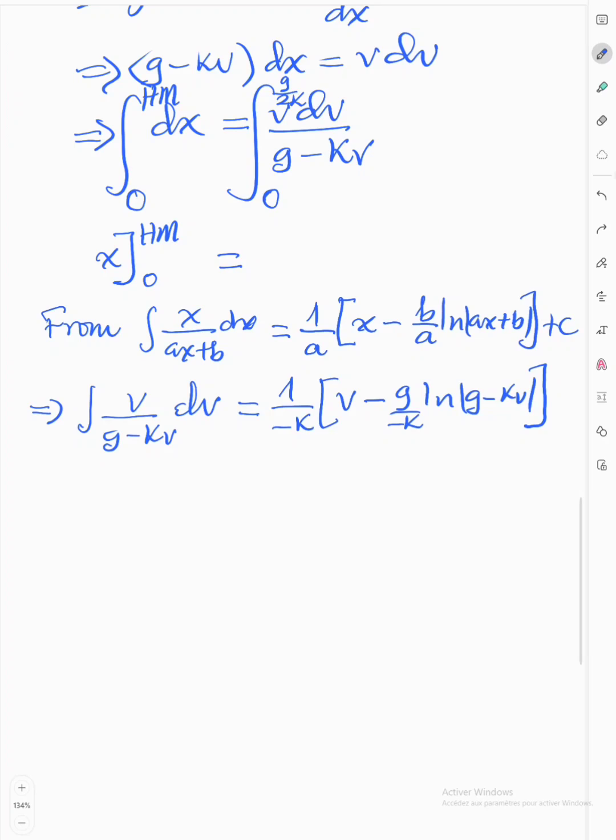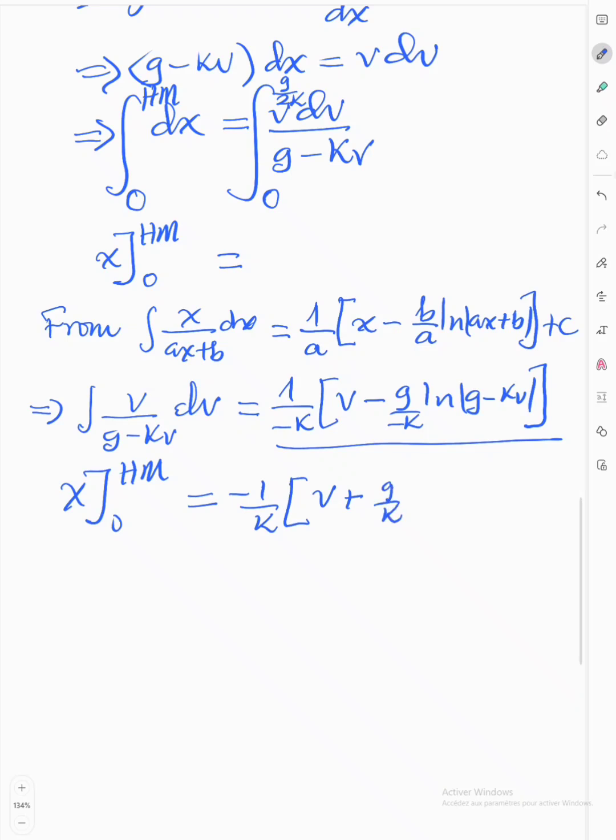So in our integral we have the substitution on the left hand side of 0 to hm equals the integral of the right hand side that we have established, which is negative 1 all over k into v, negative times negative will become positive, g over k ln of g minus kv, and we are taking from 0 to g all over 2k.